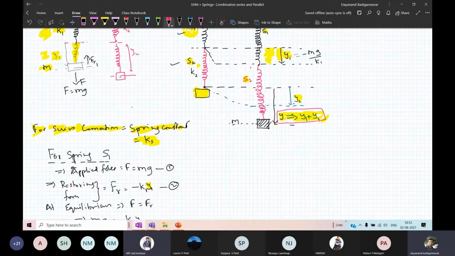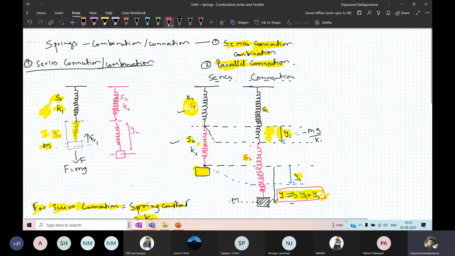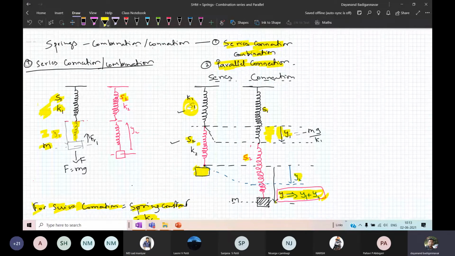Okay, so when you apply a mass to the spring, if you look at this, the spring S2, this is the equilibrium position y equal to 0. When I apply a mass, what is the mass that I have applied? M. Once I apply the mass, it gets elongated. What is the elongation? The elongation is y2.